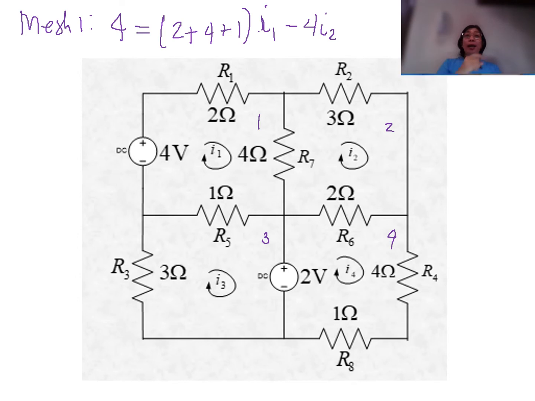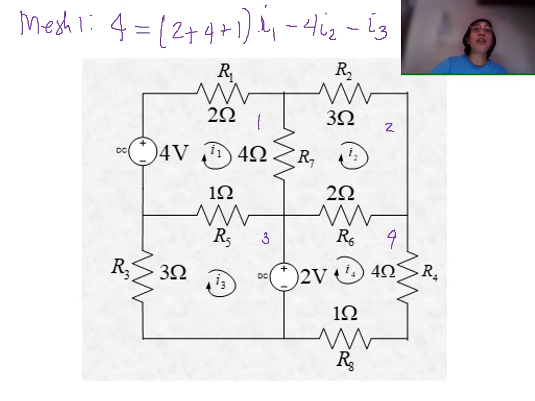Likewise, the 1 ohm is also a mutual resistance. Why? Because it is not only connected to mesh 1 but also to mesh number 3. Therefore, we will treat that as negative. So we have here minus 1 I3, or simply minus I3.